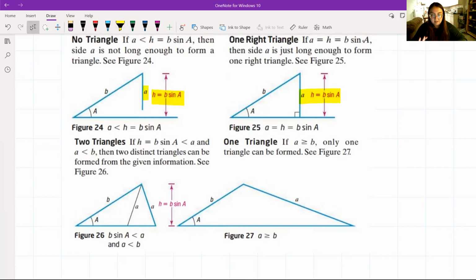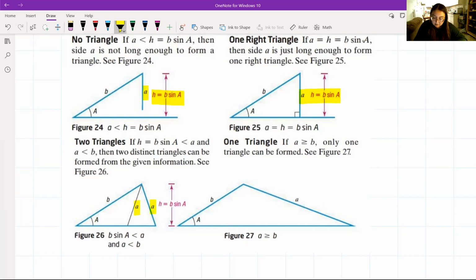But then for the two triangles, if h, which is equal to b times sine of capital A, is less than lowercase a, and a is less than lowercase b, then two distinct triangles can be formed from the given information.